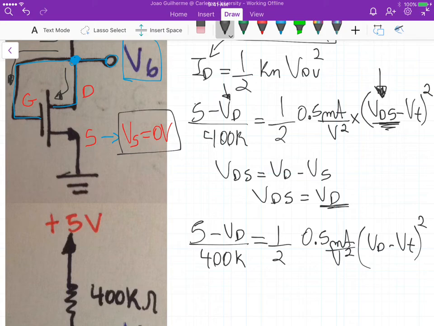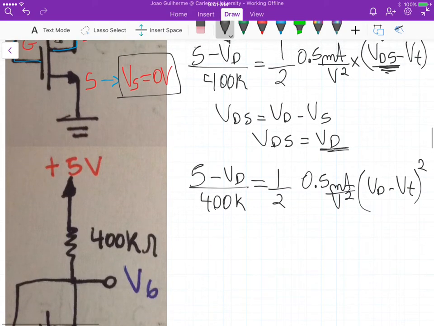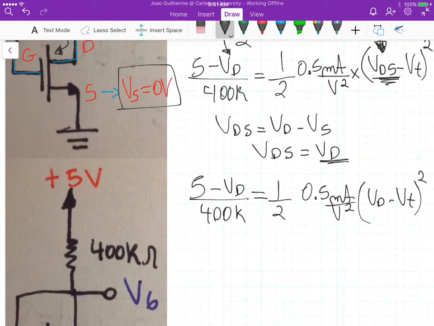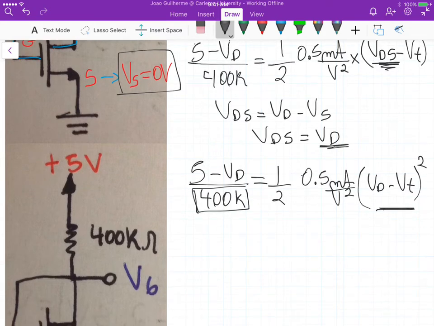Okay, and if we rearrange this equation, we can multiply both sides by 400k, and then rearrange VD. Now remember, this one is a square, so it gives us VD squared minus 2 VD times VT plus VT squared.